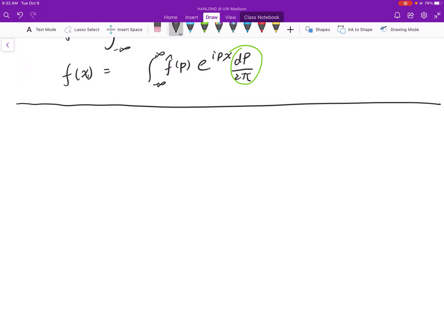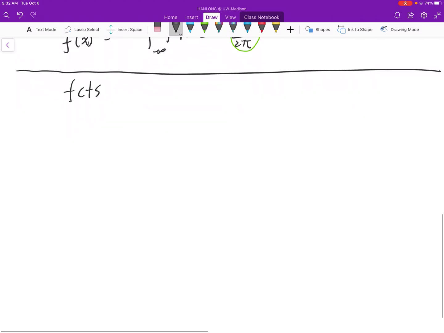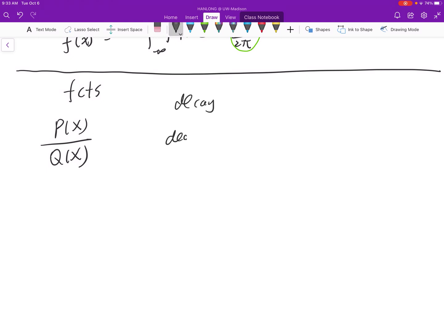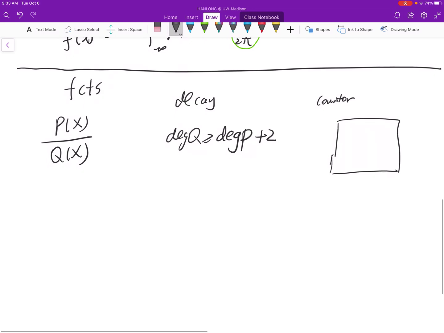Now let's look at the functions. Previously, we studied that if you have rational functions p over q with the condition degree q greater than or equal to degree p plus 2, then we can take a contour, a big box, to compute the summation.